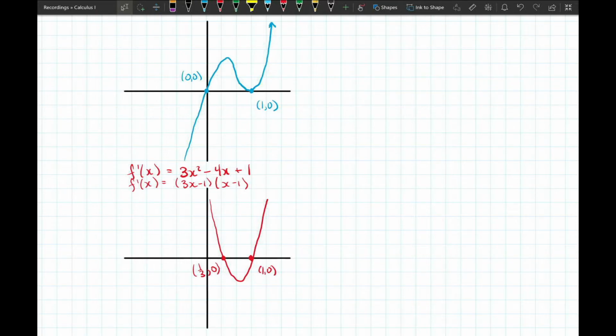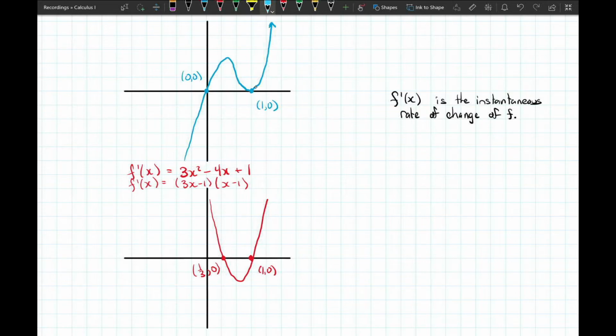There is an association between the x-intercepts of the derivative and features of the original function, because remember, f prime of x is the instantaneous rate of change of f. So looking at the blue function, I'm just going to scribble over it a little bit here, so bear with me.